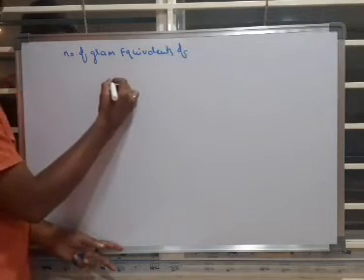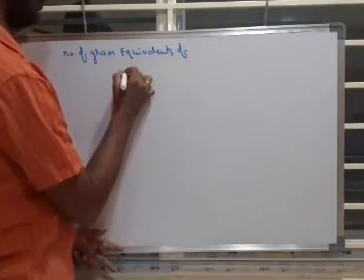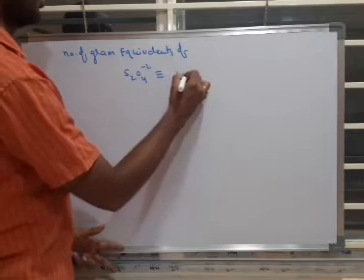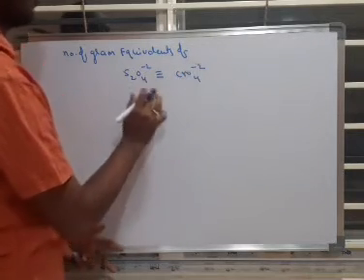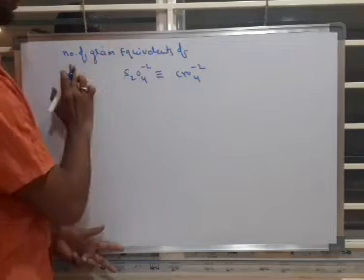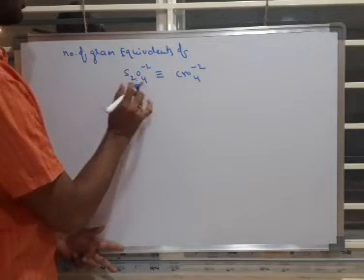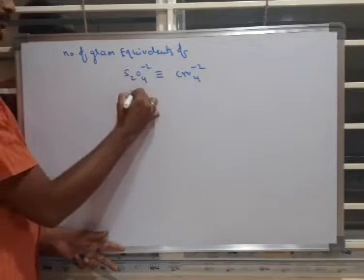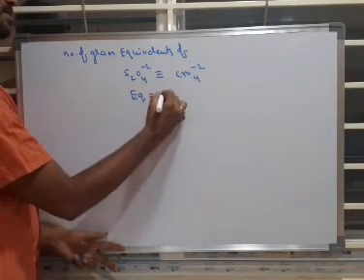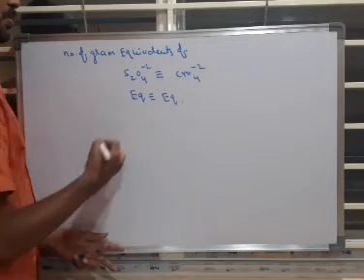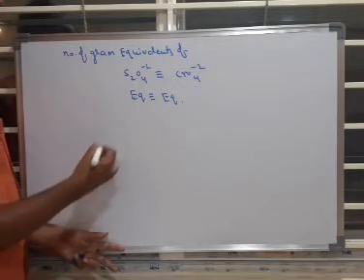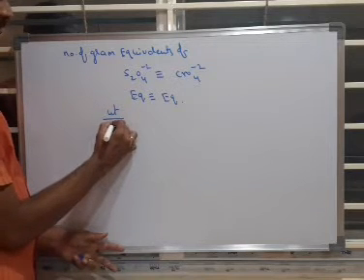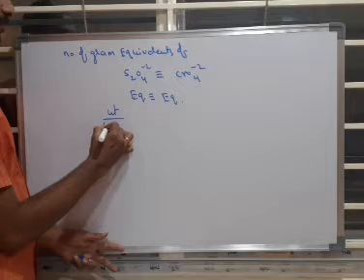The number of gram equivalents of S2O4 minus 2 are exactly equal to the number of gram equivalents of CrO4 minus 2. So gram equivalents equals gram equivalents. What is the gram equivalents formula? Gram equivalents equals weight by gram equivalent weight.